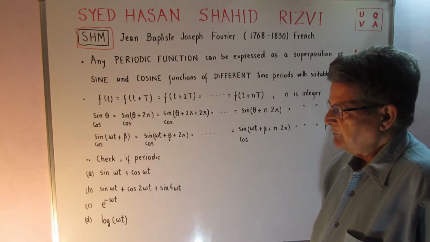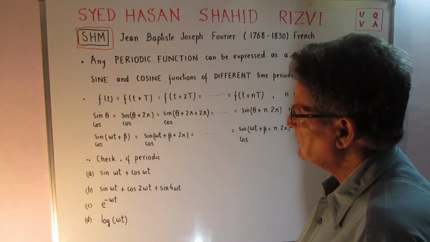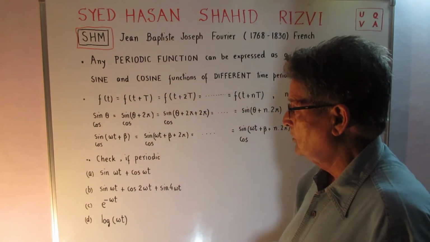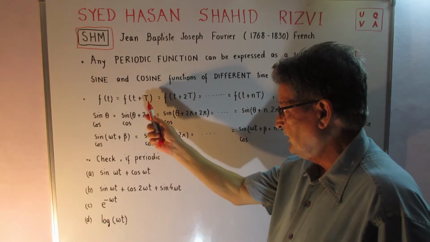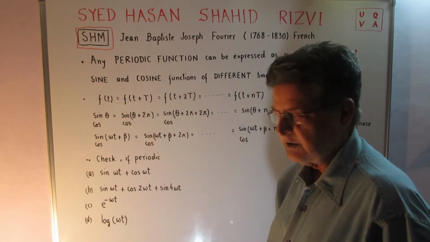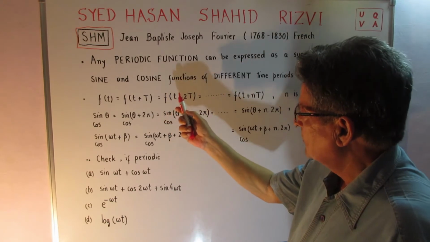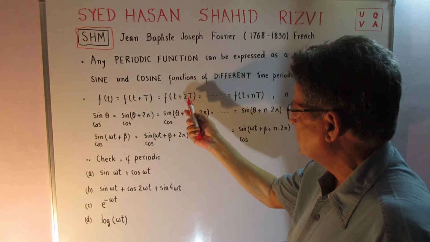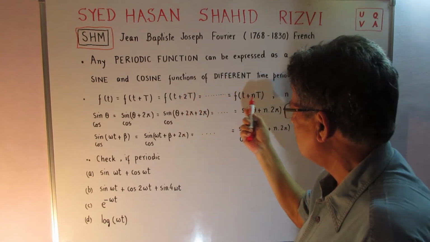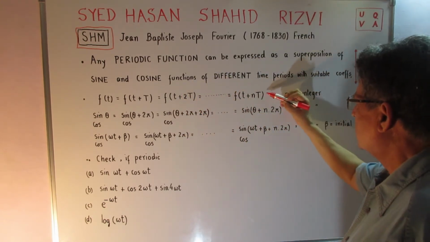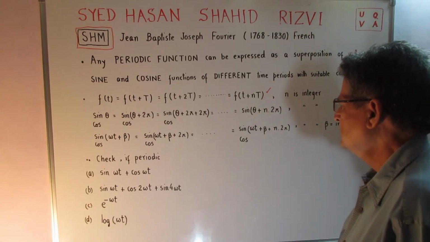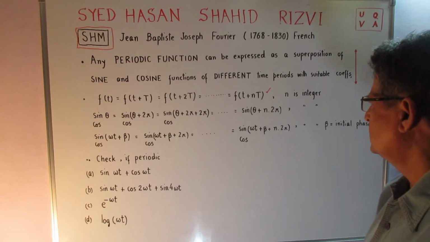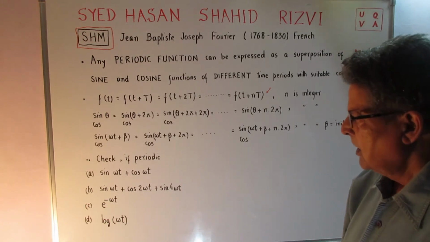And they are periodic functions, periodic in the sense that the function at time t is equal to the function at time t plus capital T, where capital T is the period, is equal to the function at t plus 2T, etc. So we can write it as f of t plus or minus nT, where n is an integer.